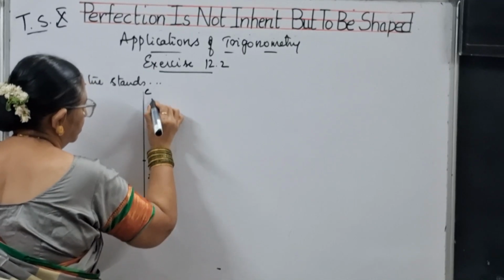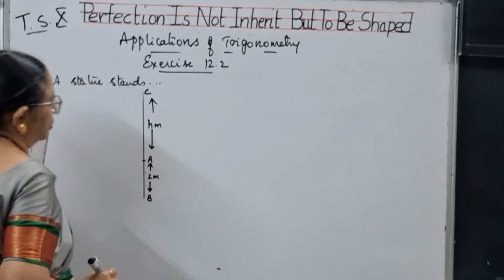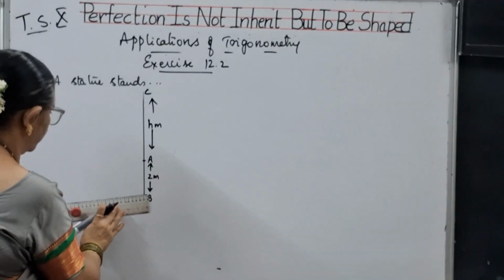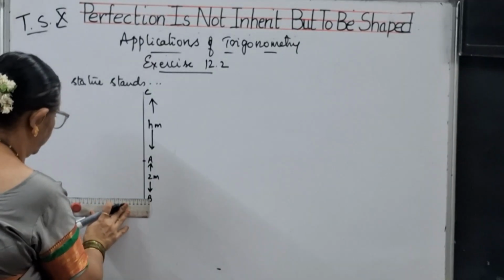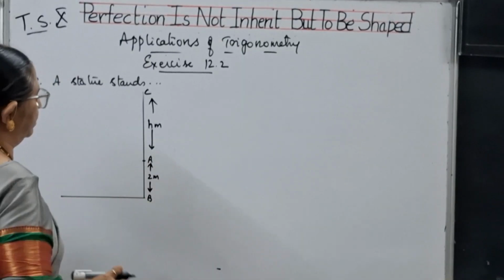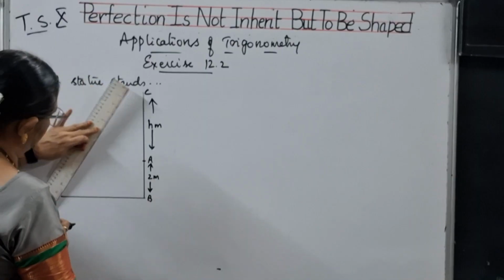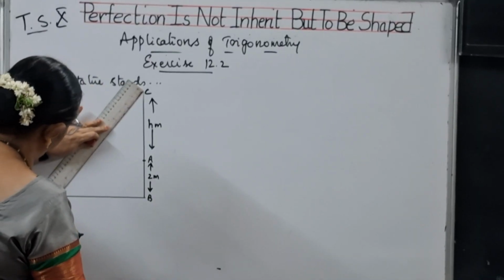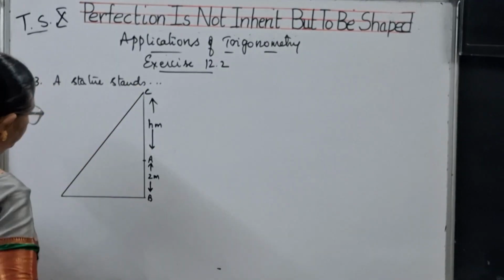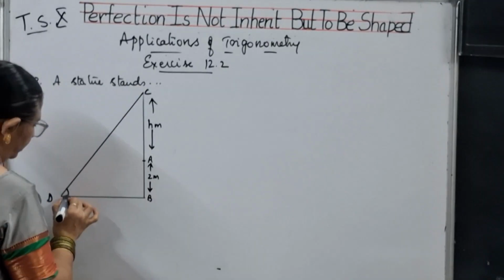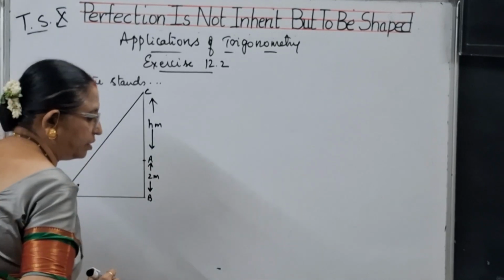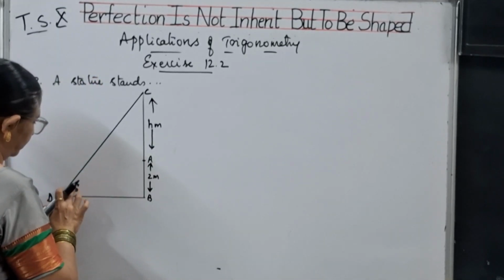Let me call it as H meters. Now from a point D, the angle of elevation of the top of the statue is, sorry, it is 60 degrees.